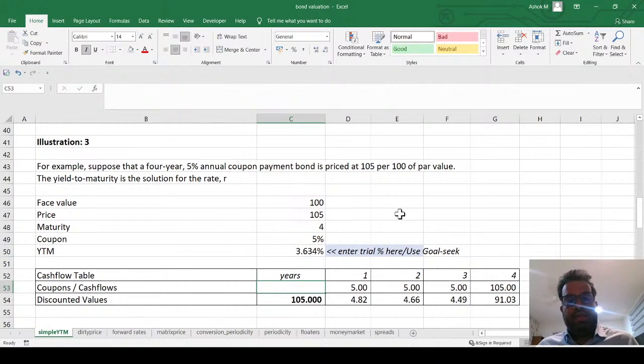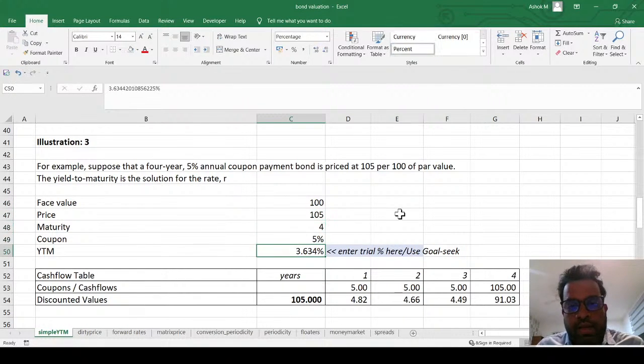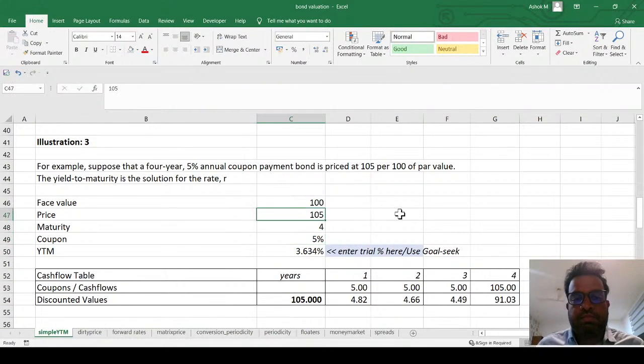Okay, so the way you would do this is, see, the bond is priced at 105. That means the price is more than the face value, which means the YTM should be lower than the coupon. Price is more. That means the issuer is paying more interest rate than what the market is demanding.